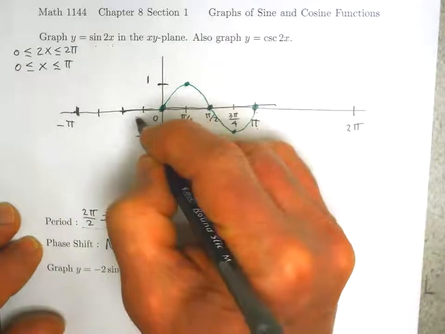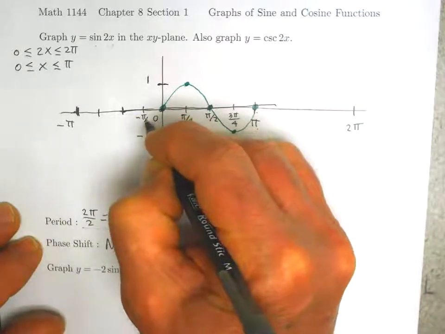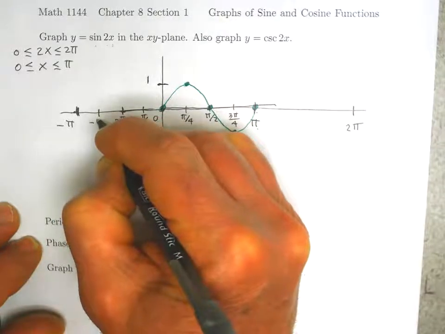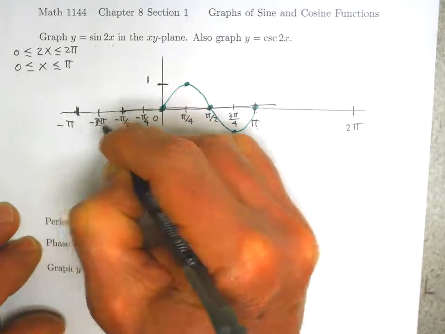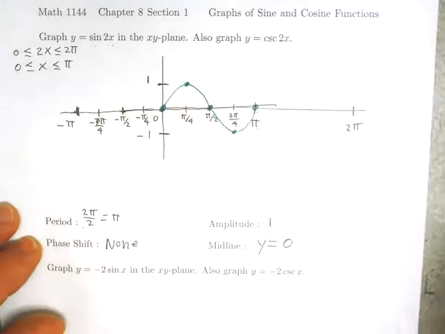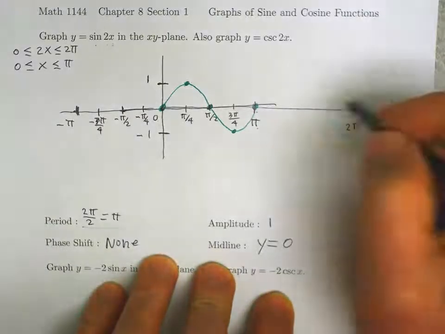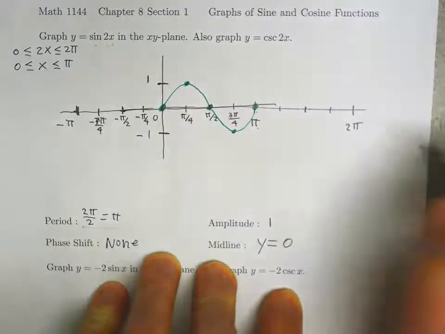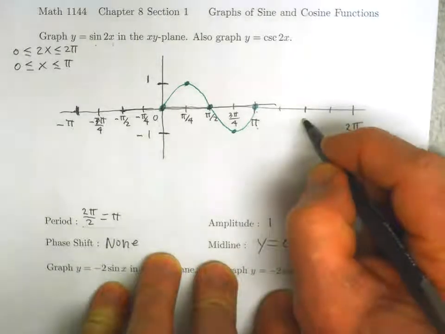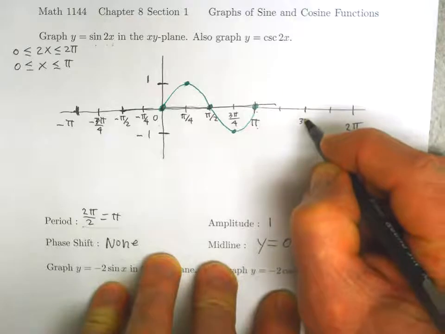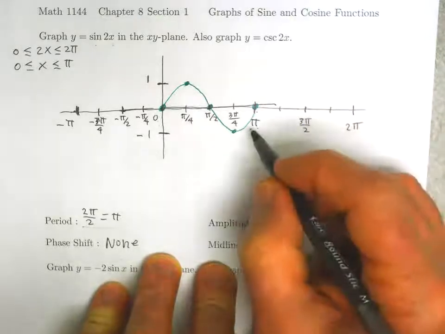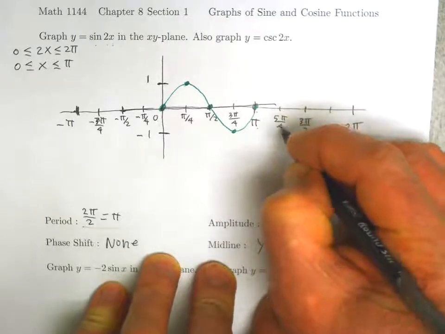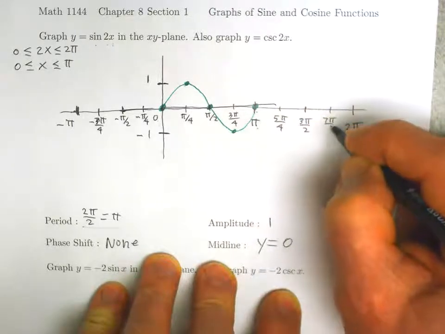This will be negative pi over 4, negative pi over 2, negative 3 pi over 4. And this one will be 3 pi over 2, 5 pi over 4, 7 pi over 4.